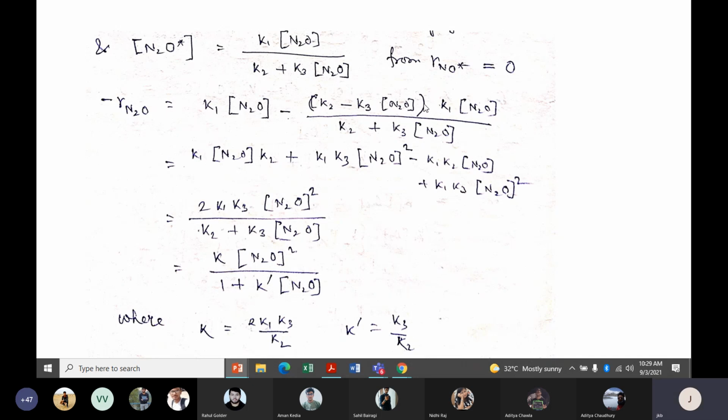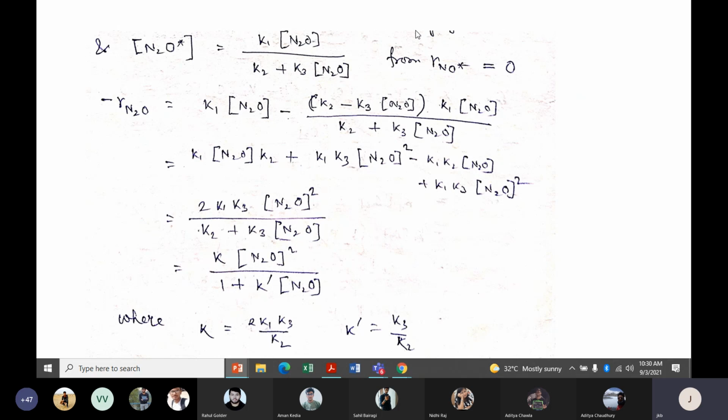So after substitution and manipulation of this, you will get this. Achha, how do you get the intermediate concentration N2O star? That is, write the rate equation for formation of N2O star. Then equate to 0, R N2O star equals 0.